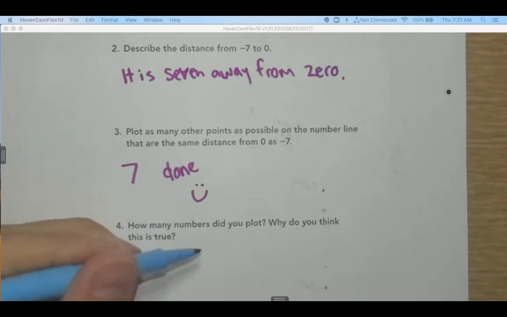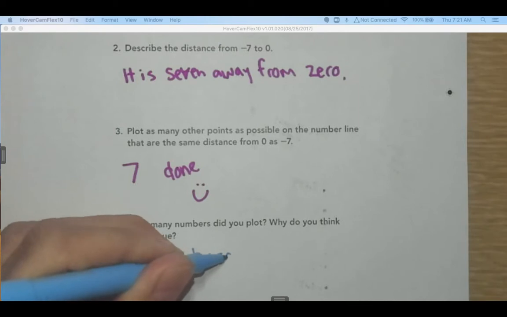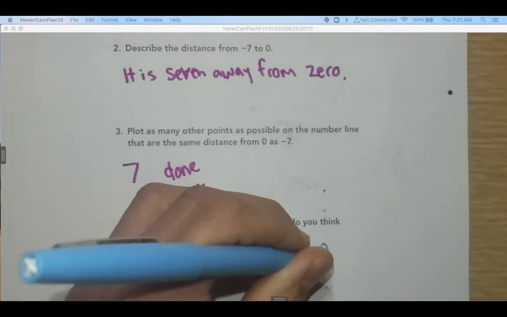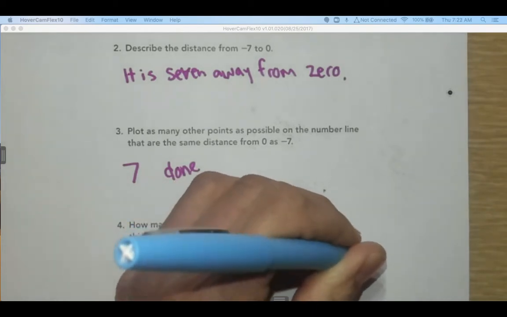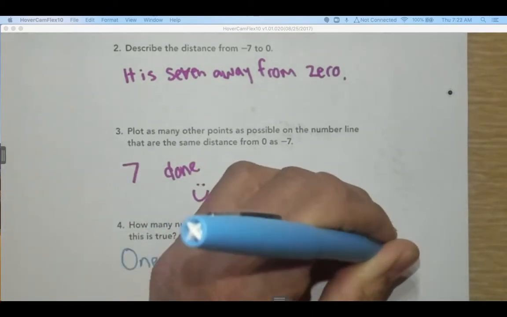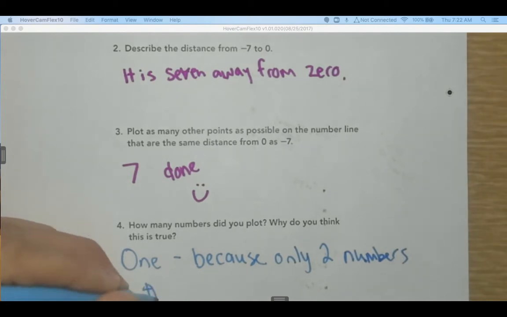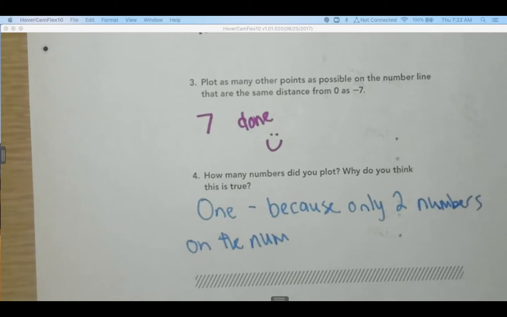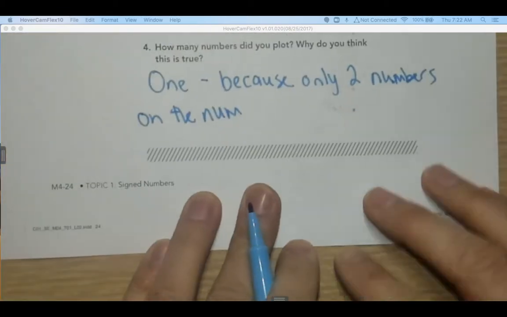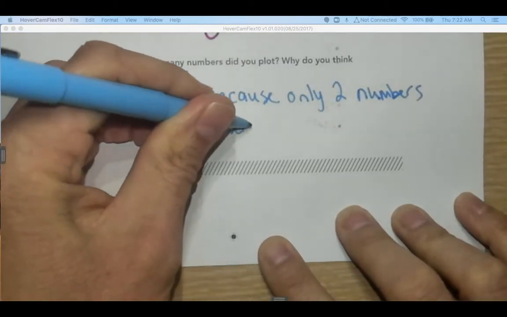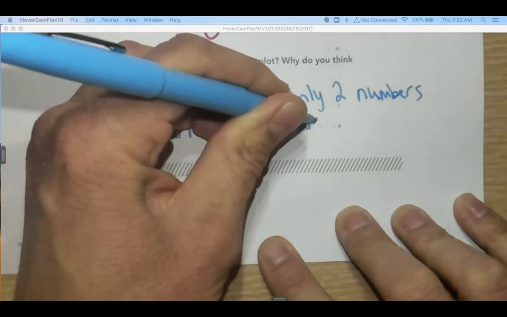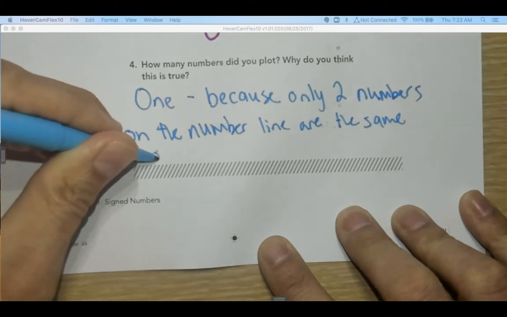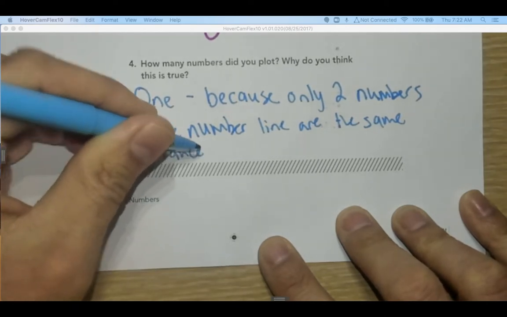Why do you think this is true? Because only 2 numbers on the number line are the same distance from 0.